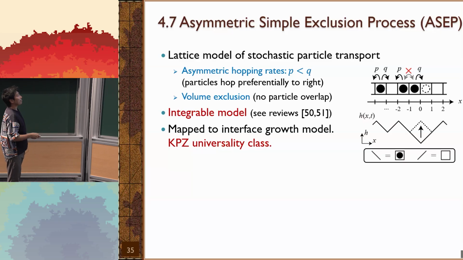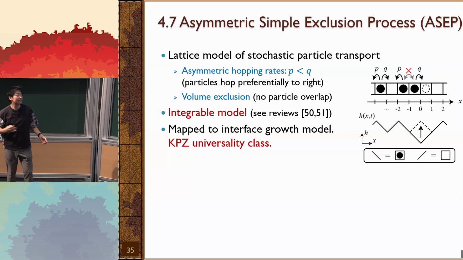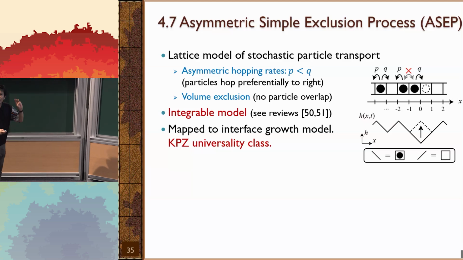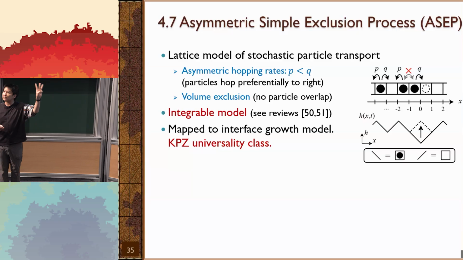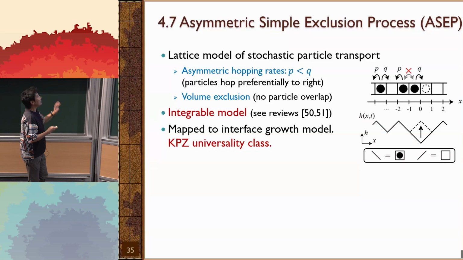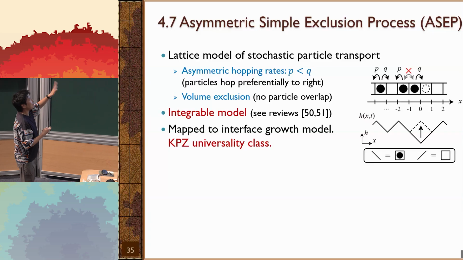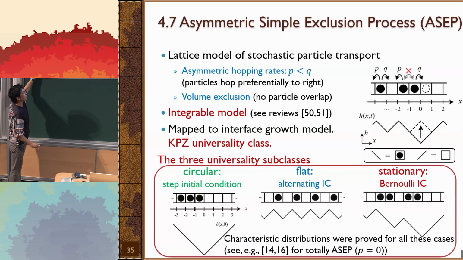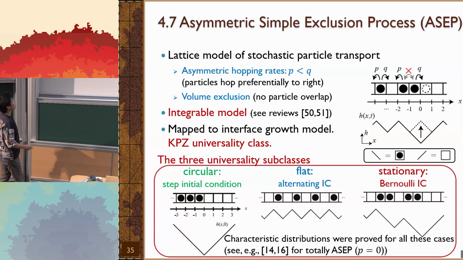So on the basis of symmetries, at least, we expect it is in the KPZ class, and indeed it is. Then there are 3 universality subclasses, right? So how do these 3 appear in this model? It can appear depending on the initial condition you impose.